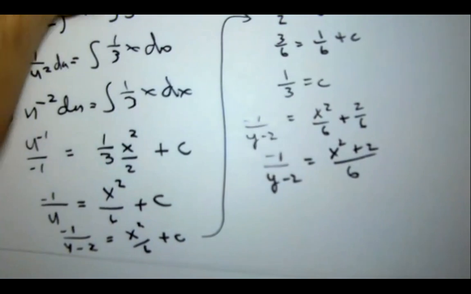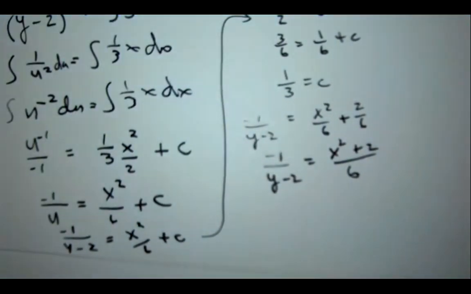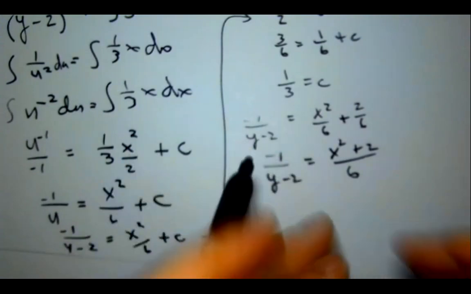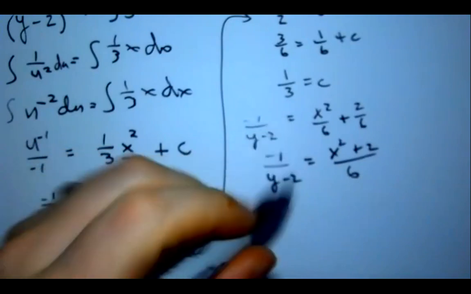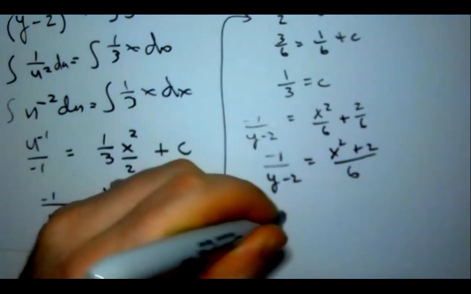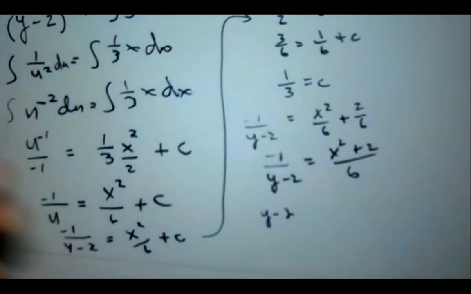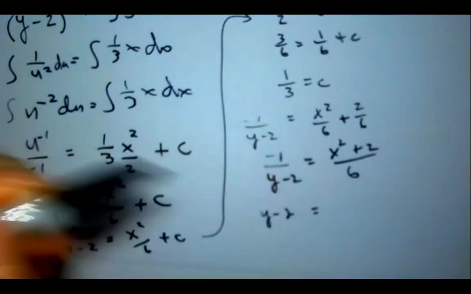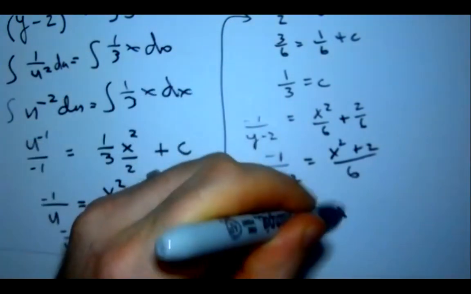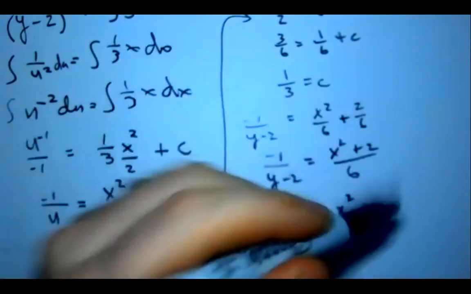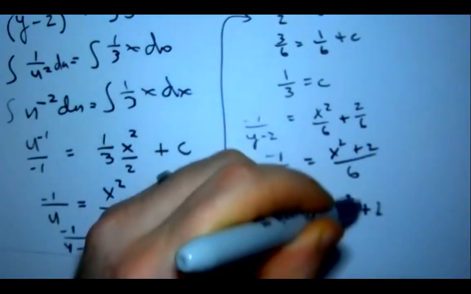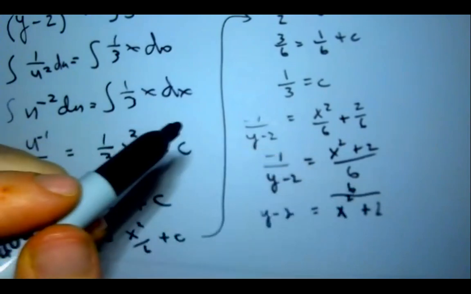So now, which of our ending scenarios are we on here? This is the one where we want to turn both fractions upside down. So this would really be y minus 2 is equal to x squared plus 2 over 6.